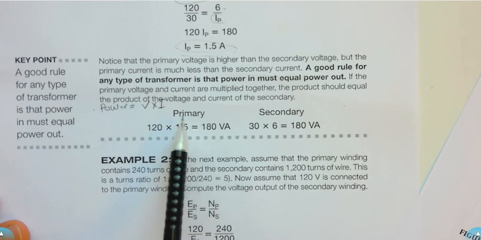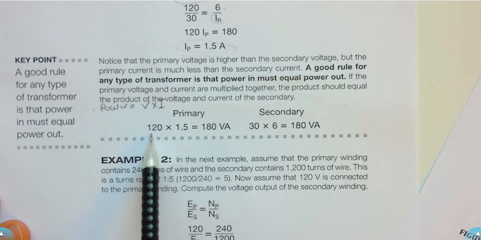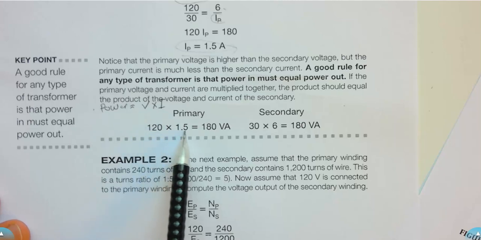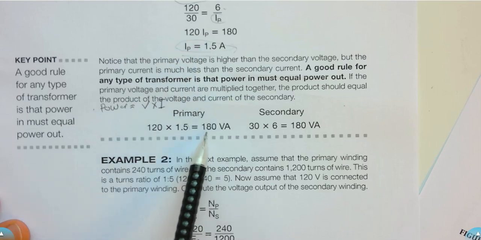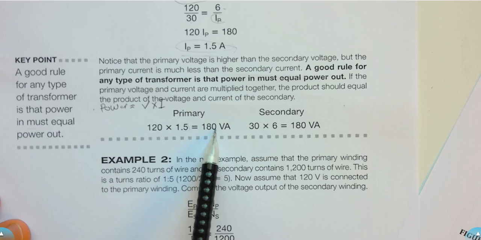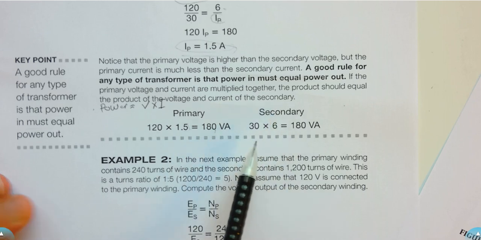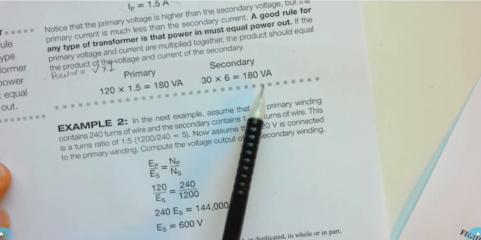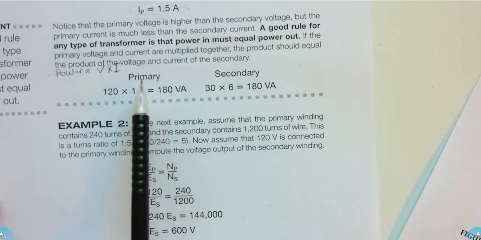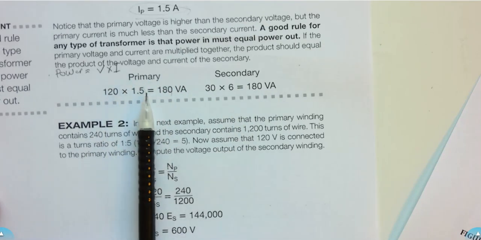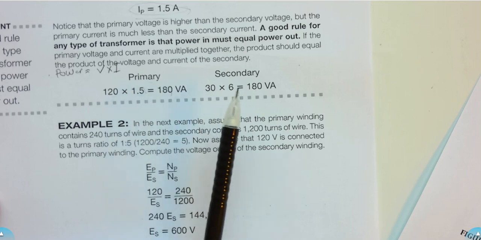So the primary is 120 volts times the current, which is 1.5, equals 180. 180 VA is the volt-amperes. For the secondary, if you multiply 30 times 6, it also equals 180 volt-amperes. This is the power in the primary, and you can see it equals the power in the secondary.